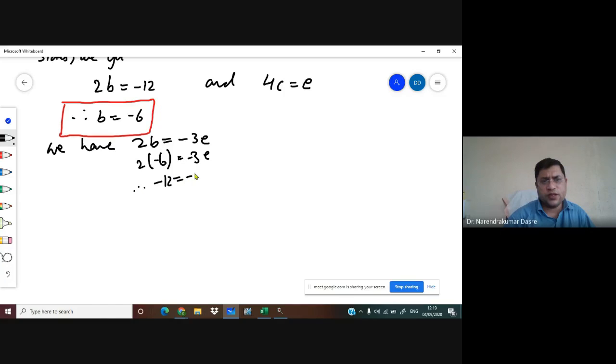So we have minus 12 is equal to minus 3e, and hence e is equal to 4. So we get here e is equal to 4.